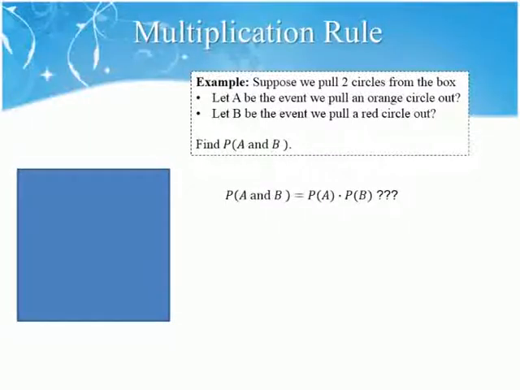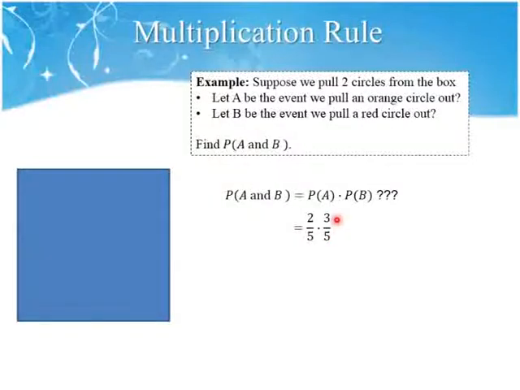If we want to find the probability that A happens and then B happens, can we just multiply the probability of A times the probability of B? Well, let's think about what this is. The probability that A occurs, in other words, the probability that we pull an orange circle out, since there's 2 in there, out of 5 total circles, the probability would be 2/5.